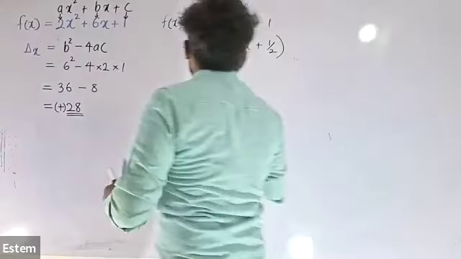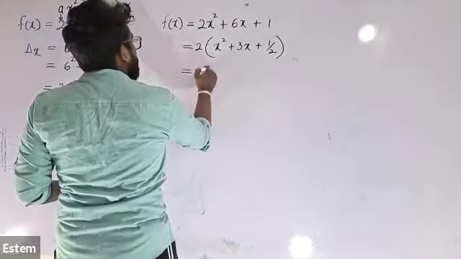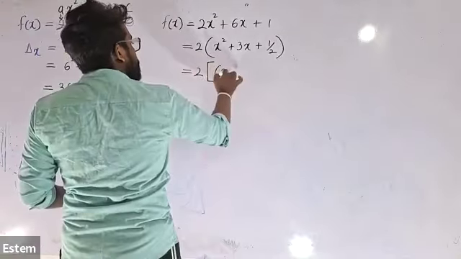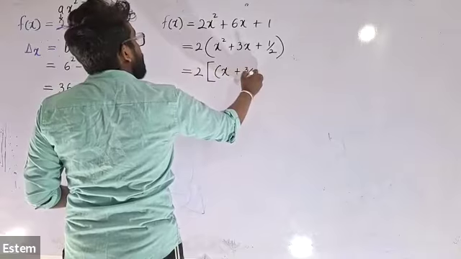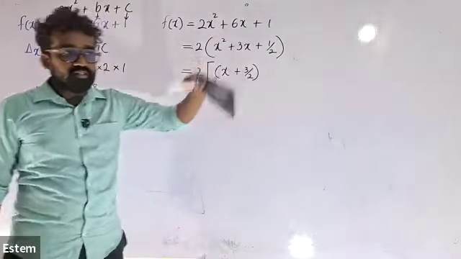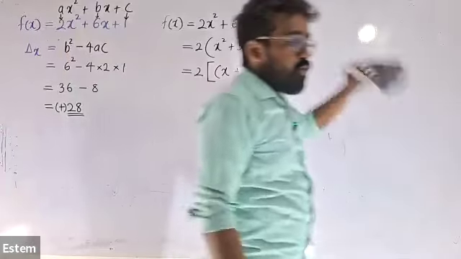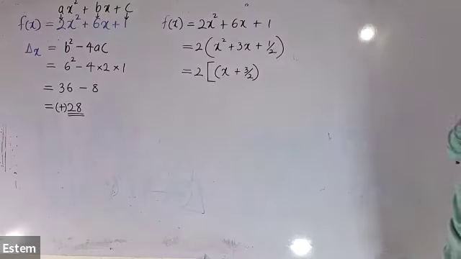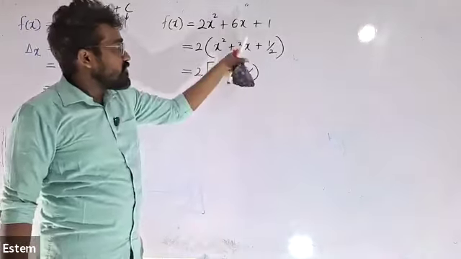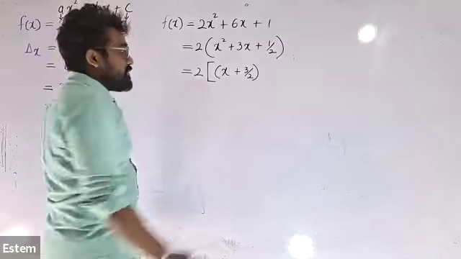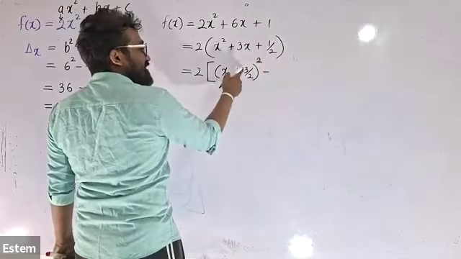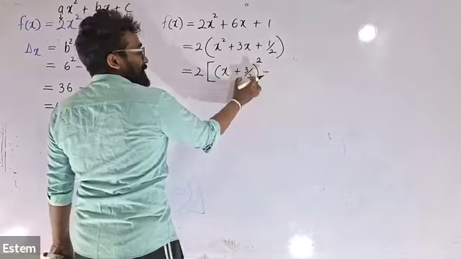Now what's happening? Inside the bracket just put x, and here it is 3 over 2. These things are the same in all quadratic functions. We take half of the coefficient of x, and the entire thing squared. See, it is very easy, no? We should subtract the square of this final term.